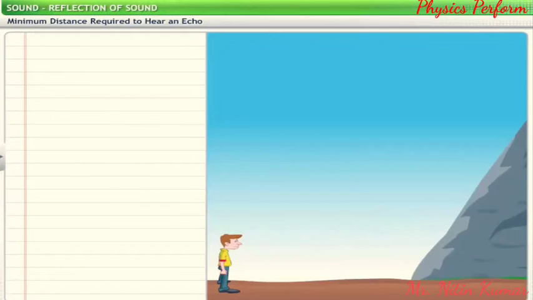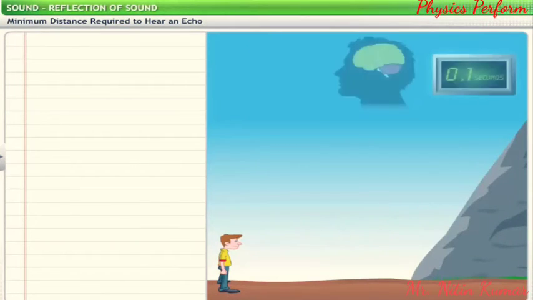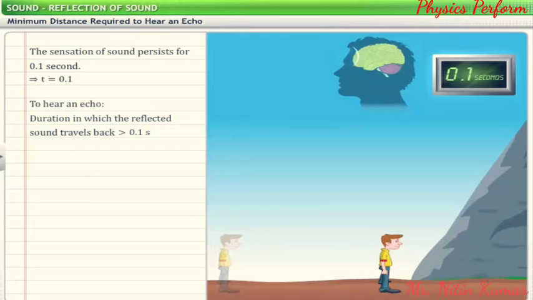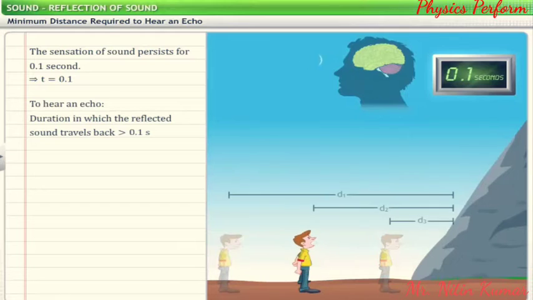To find out how this works, let's examine how our brain processes sound. The sensation of sound persists in our brain for 0.1 second. Therefore, to identify an echo, the time interval between the reception of the original sound and the reflected sounds should be at least 0.1 second.